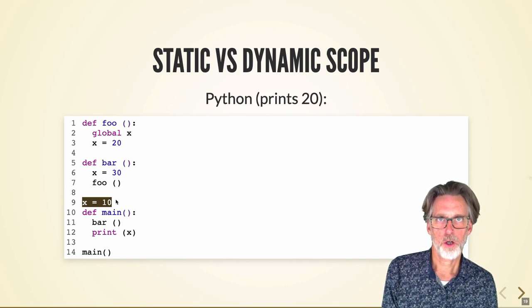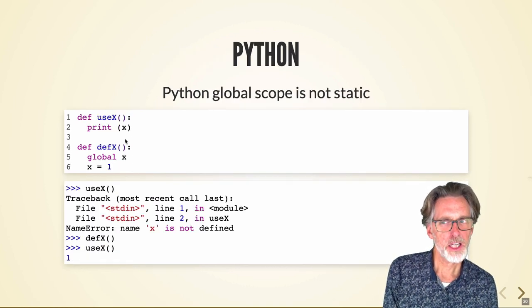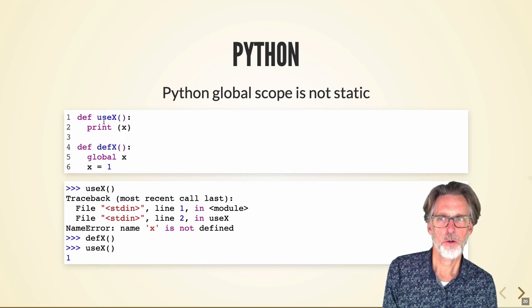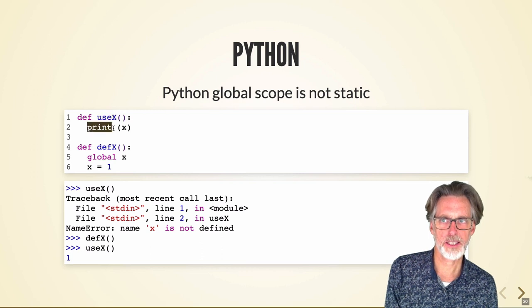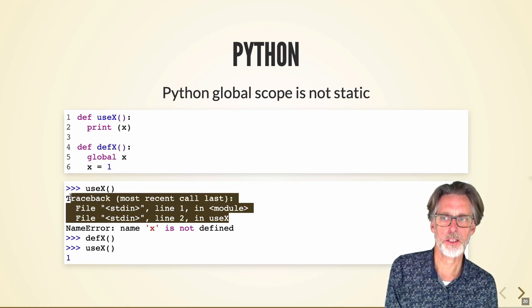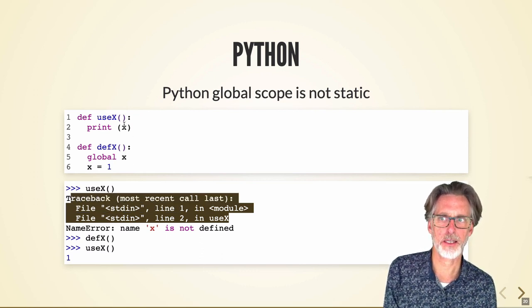The global scope is something that can change dynamically. So it's possible for me to write a function here, useX, which will print x. And if I just invoke that function directly, I'll get an exception from the runtime system saying, I'm sorry, x is not defined.